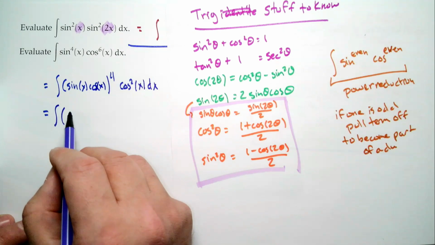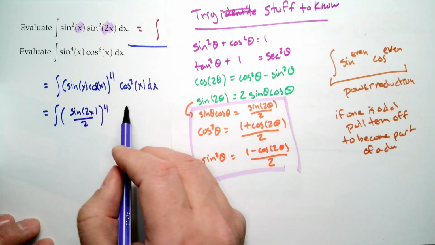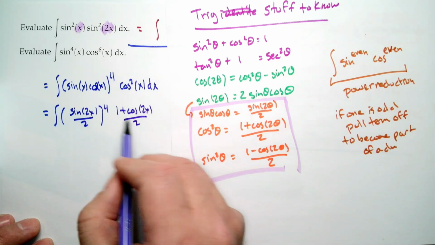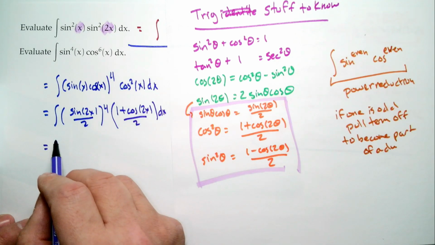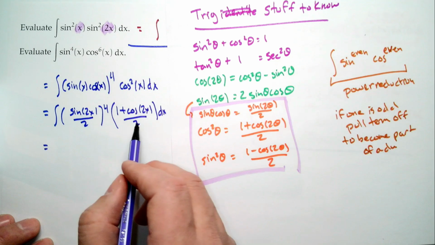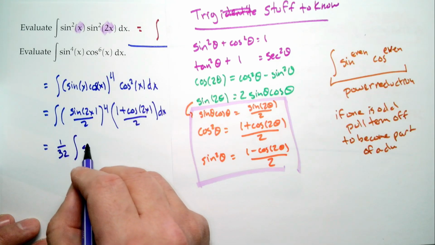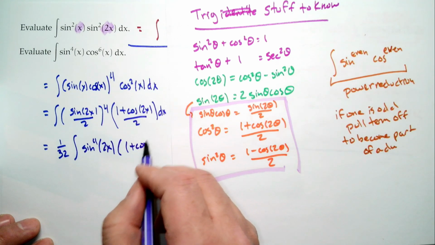So that becomes sine of 2x divided by 2 to the 4th, cosine squared 1 plus cosine 2x over 2. So then what do we have? Well, there's a 2 to the 4th, there's another 2, so that's a 1 over 32. Then you have sine to the 4th of 2x times 1 plus cosine of 2x.